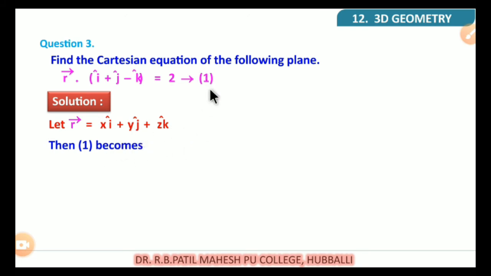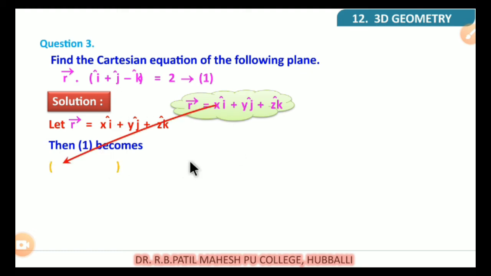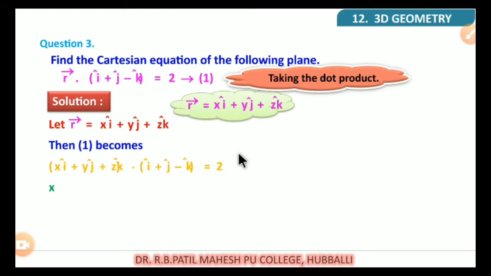Then equation 1 becomes (xi plus yj plus zk) dot product with (i plus j minus k) is equal to 2.